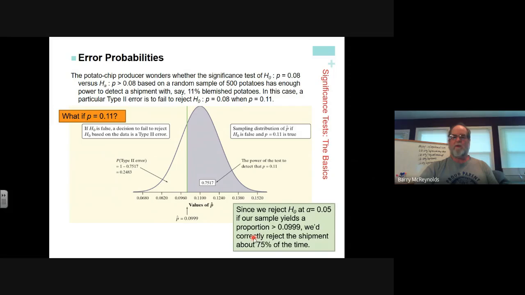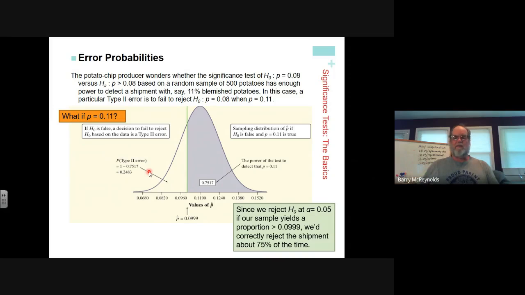So we would correctly reject the shipment about 75% of the time. Type 2 error then is the complement of that, 1 minus that. So type 2 error lies here.